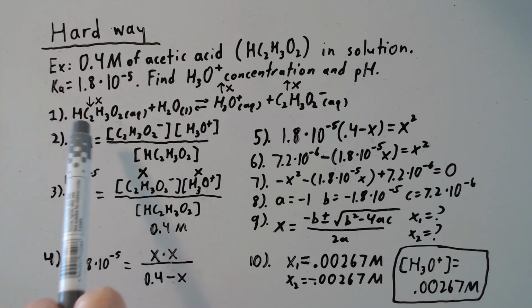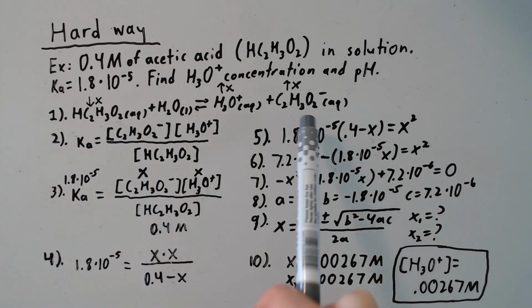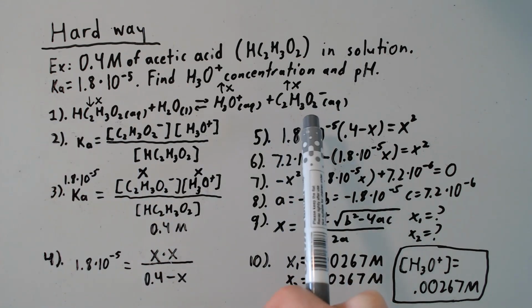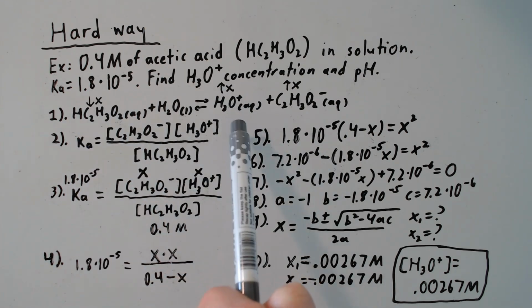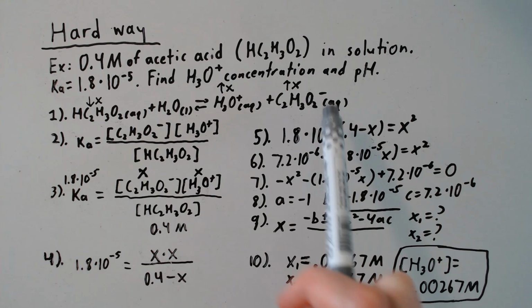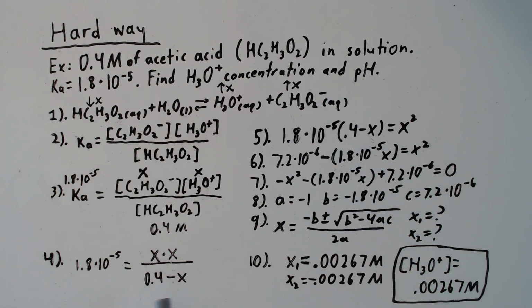HC2H3O2 is in a 1-to-1 ratio with H3O+, and it is in a 1-to-1 ratio with C2H3O2-. That means that for every X of this dissociated, an X amount of H3O+ gets produced and an X amount of C2H3O2- is produced. Hence, when we took an X away from the 0.4 molar initial concentration of acetic acid, an X amount of C2H3O2- and an X amount of H3O+ is produced. An X and an X on this side.